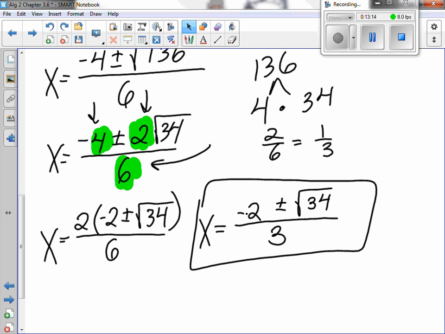If all 3 of these have a common factor, we need to simplify it. If only 2 of them do, we leave it as is. It has to be all 3. Does that make sense? So if all 3 have a common factor, we'll simplify it. If all 3 don't, leave it. Questions on this here?